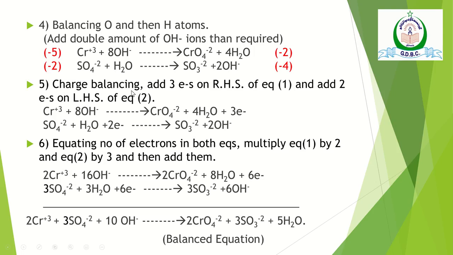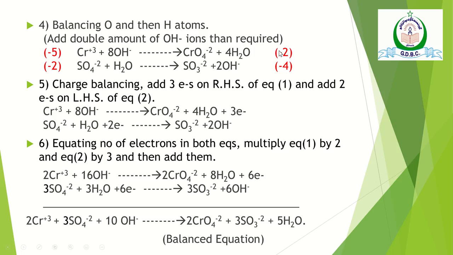The next step is charge balancing. So we must calculate the net charge of the reactant hand side and the product hand side of the first equation. Here we have plus 3 and minus 8 makes minus 5. On the product hand side, we have minus 2 on the chromate radical, but we don't have any charge on the water molecule.